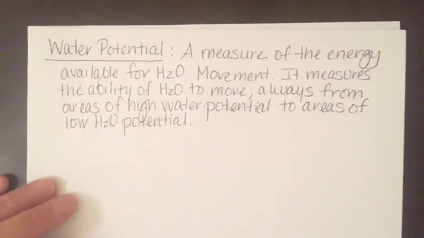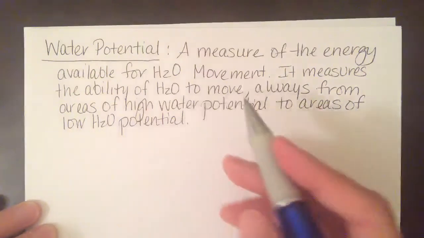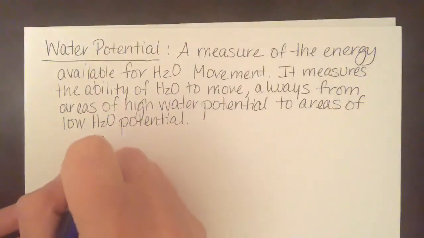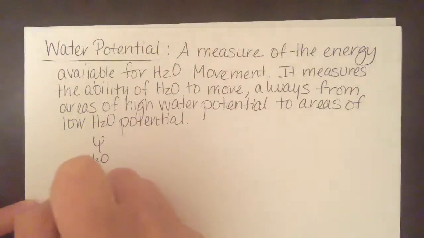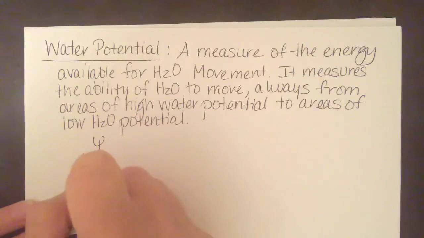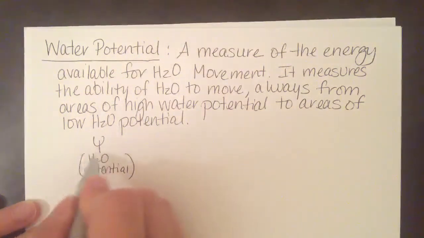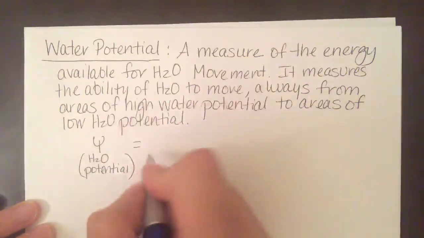And the two things that play a role in the direction in which water is going to move are pressure and solutes. And so the psi here is the symbol that stands for water potential. So I'm just going to put underneath it what it means. Normally we wouldn't write water potential underneath it. Equals. And so there's two things that play a role.